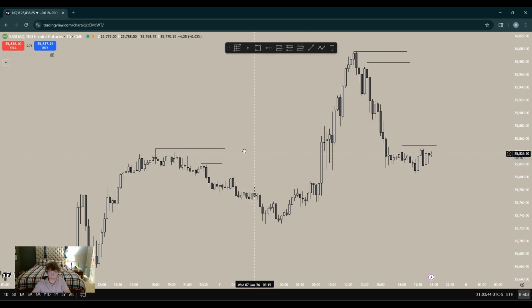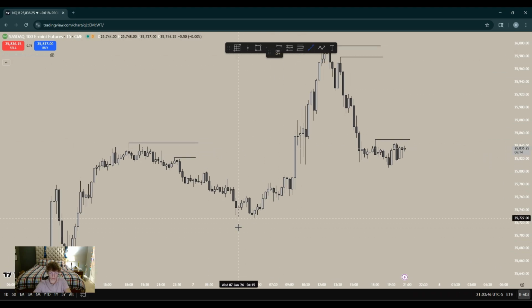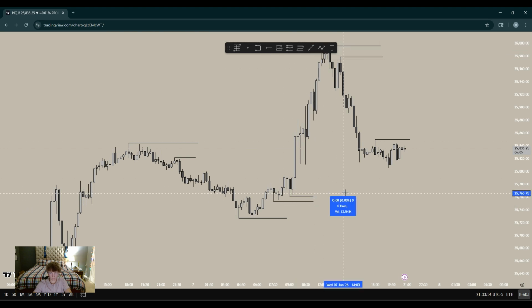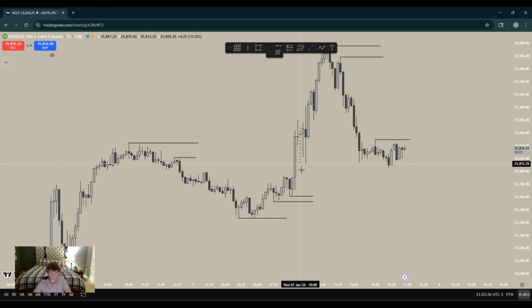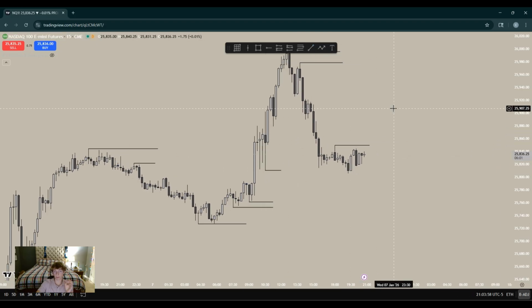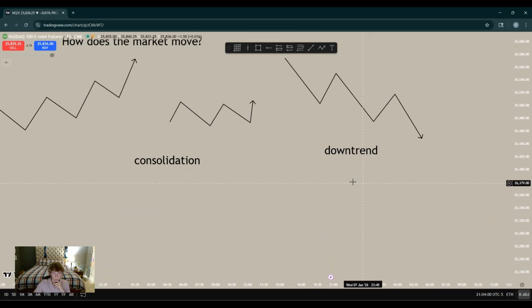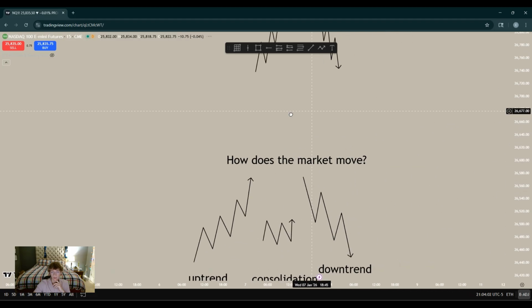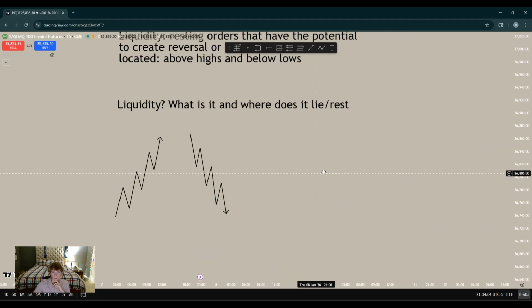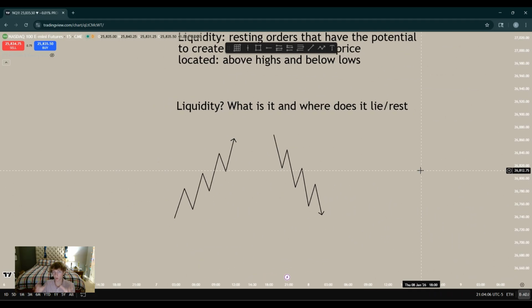And below lows, so it's going to be resting at these lows, these lows, these lows, and these lows, just to give you guys some examples. So these are highs and lows. This is where liquidity rests.